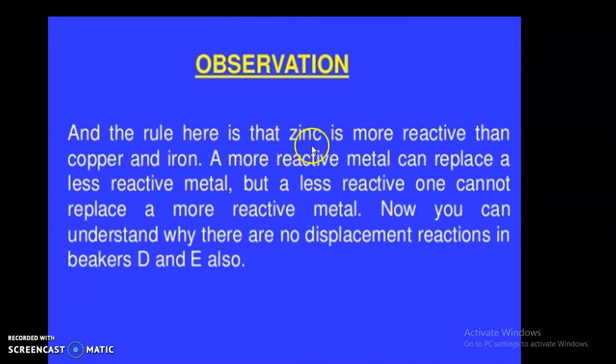And the rule here is that zinc is more reactive than copper and iron. A more reactive metal can replace a less reactive metal, but a less reactive one cannot replace a more reactive metal. Now you can understand why there are no displacement reactions in beakers D and E also. Why? Because less reactive metals have been added to the solutions of more reactive metals.